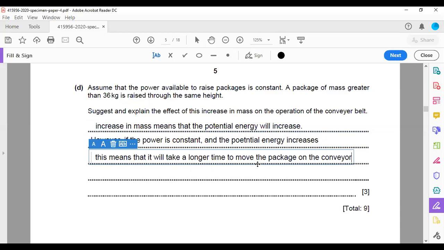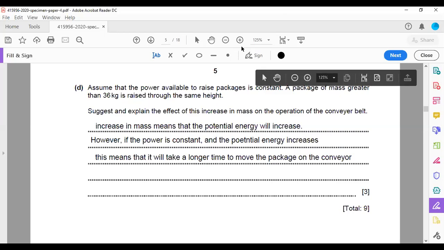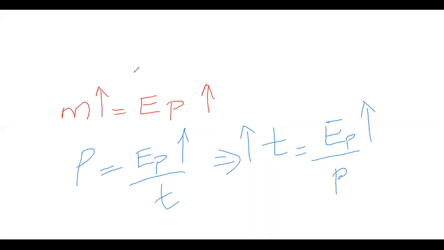Everybody understand on the conveyor? Everybody understand how we get it? If you relate it back to here, I'm going to show you on the whiteboard. If the first one here is mass, if mass increases, I'm going to show you back to the original formula.